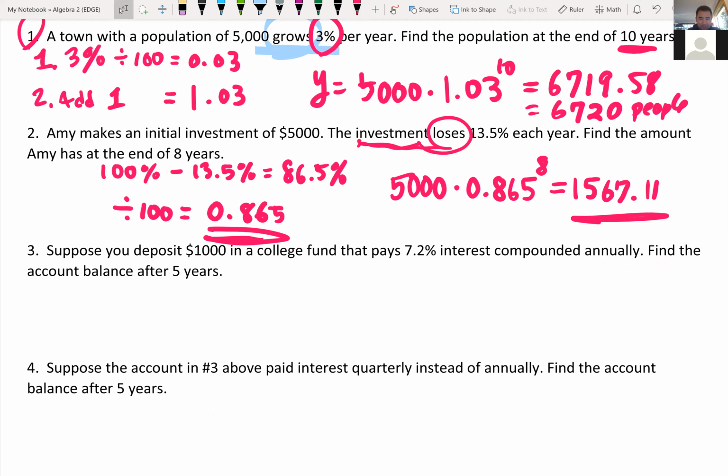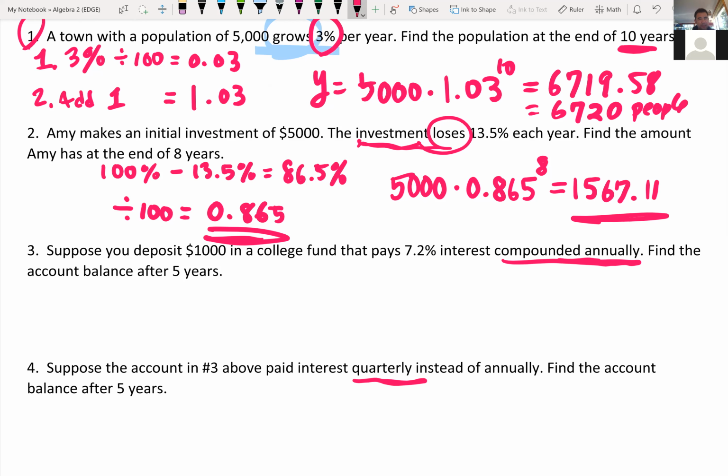It's the same question. However, number 3 is compounded annually, but the second one is compounded quarterly. So let's find the difference. Which one is a better deal?